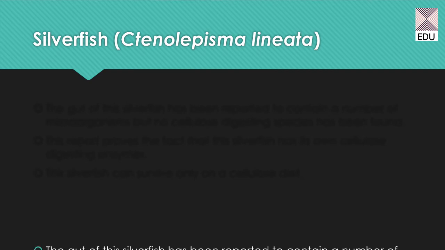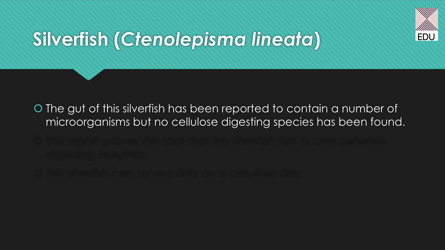The gut of the silverfish has been reported to contain a number of microorganisms, but no cellulose digesting species has been discovered. So this is a very important point, that many microorganisms have been reported, but those microorganisms are not functioning for the digestion of the cellulose in silverfish.